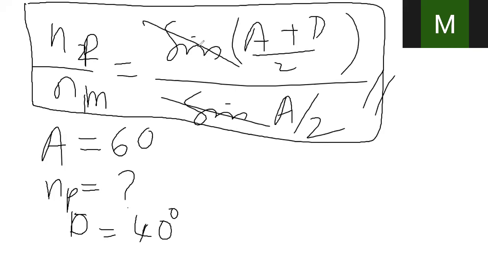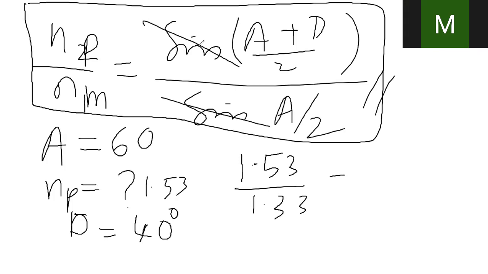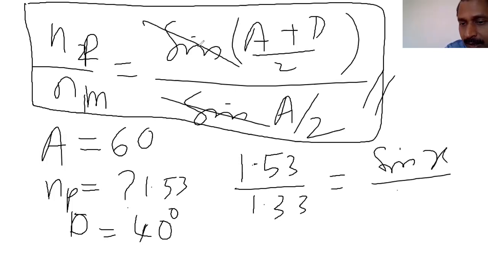Now they're telling the prism is in another medium, so the left hand side will become different. It will become n prism by n water. Maybe you get 1.53 for the prism here, by water given 1.33, equal to sine x by sine 30.